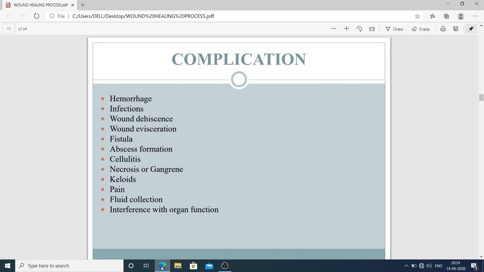Then wound evisceration. Wound evisceration means removal of internal organs, particularly those in the abdominal cavity. Then fistula. A fistula is an abnormal connection, or a connection made by surgery, between a hollow or tubular organ and the body surface. Then abscess formation.